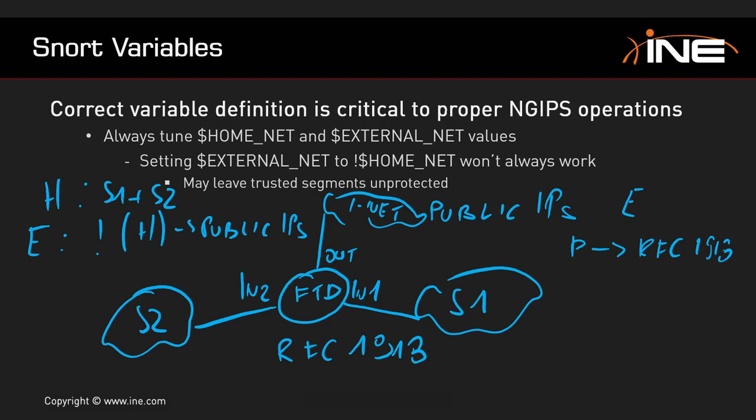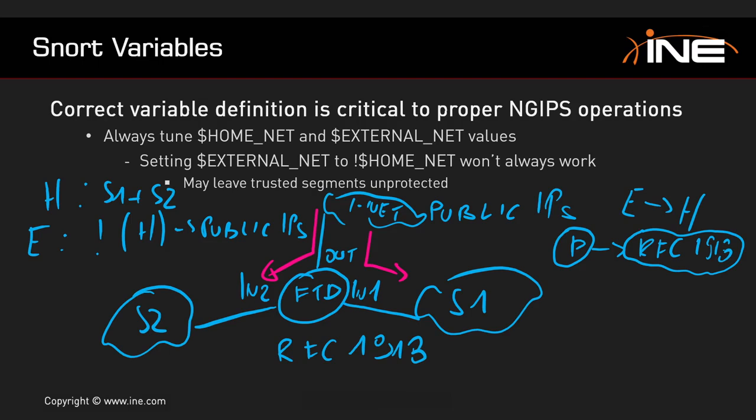Because remember, most of the rules are built in this direction, from external to HomeNet. So since my external net variable points to public addresses and my HomeNet points to private ranges, we would only be able to detect attacks coming from the internet destined to the first or second subnet in this design.